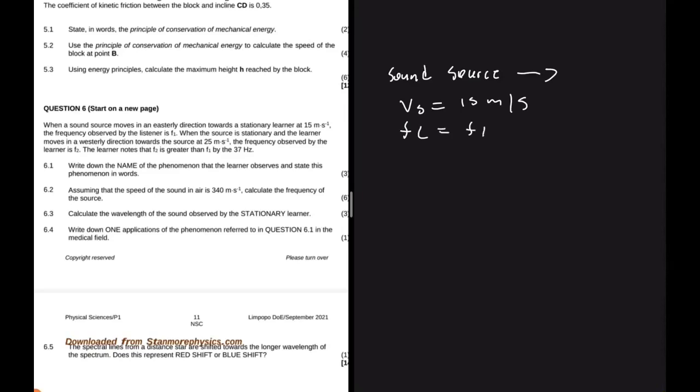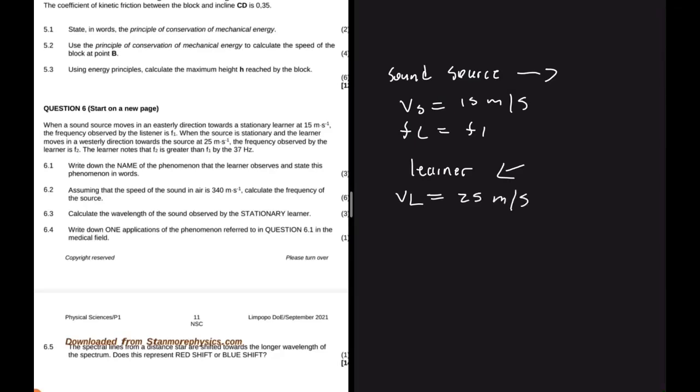And then it goes on to say when the source is stationary and the learner moves in a westerly direction. So now we have a learner moving towards the west. The learner is moving towards the source at 25 meters per second, so we have velocity of observer being 25 meters per second.